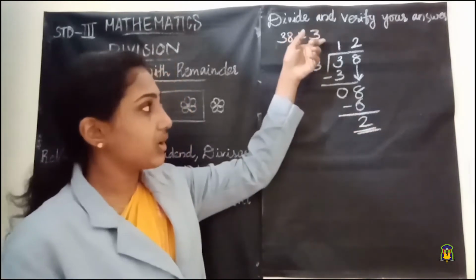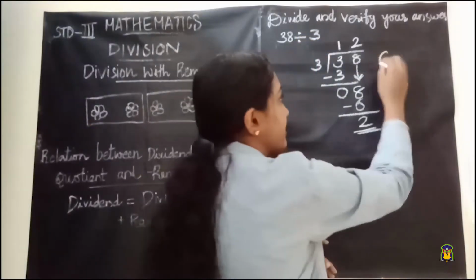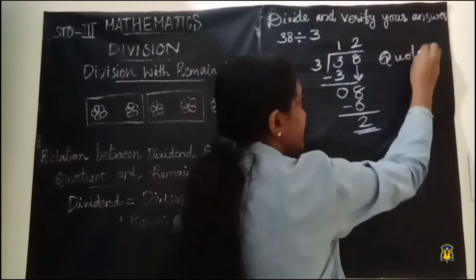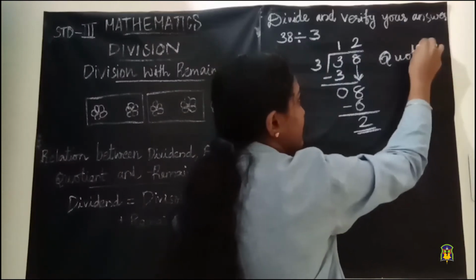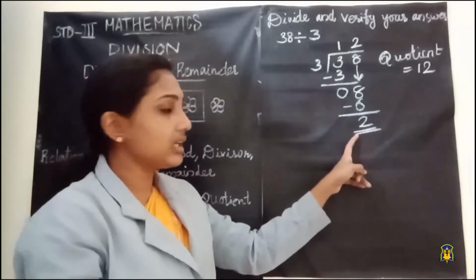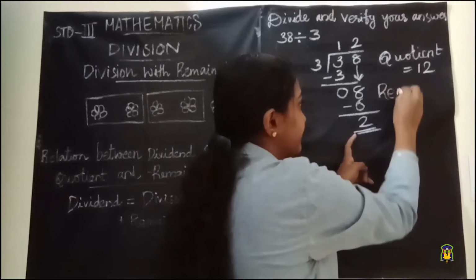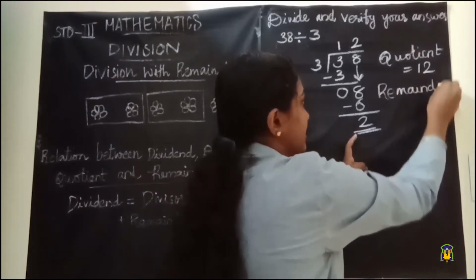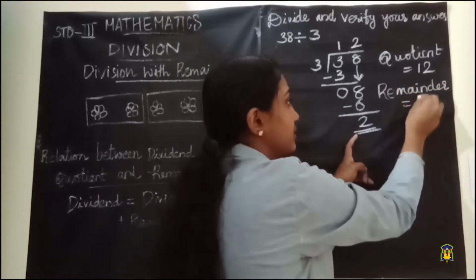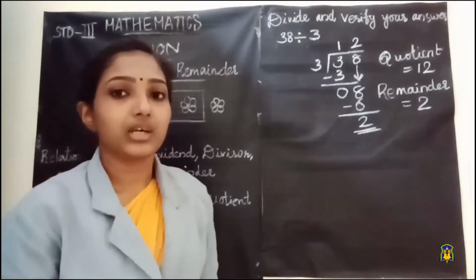And we have got a quotient here. Quotient is equal to 12, and remainder is equal to 2.